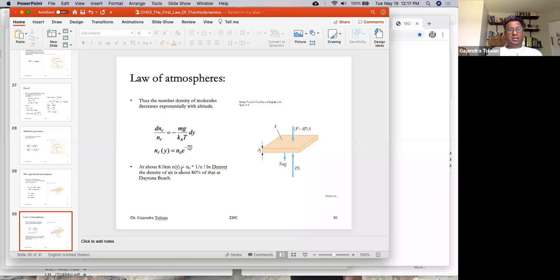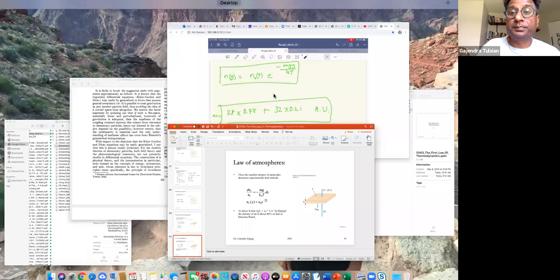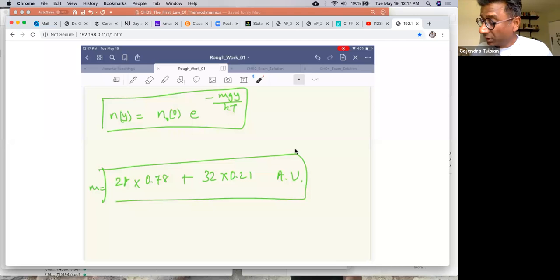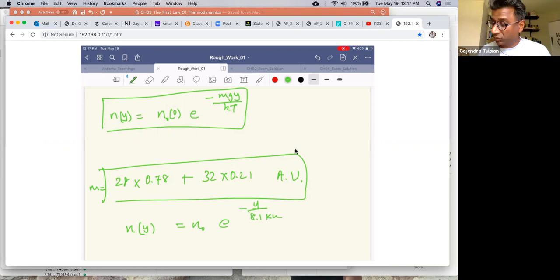that at about 8 kilometers, the density falls to 1 over e. So the expression reduces to the density at ground level times e to the minus y over 8.1 kilometers, where y is in kilometers. That's what we're saying on the slide.